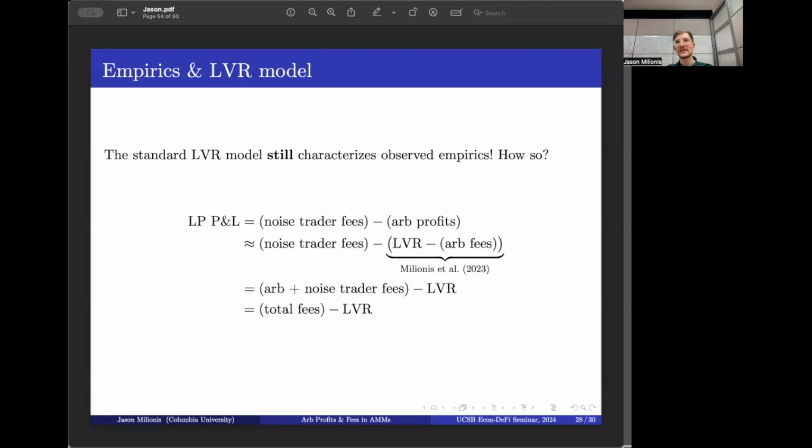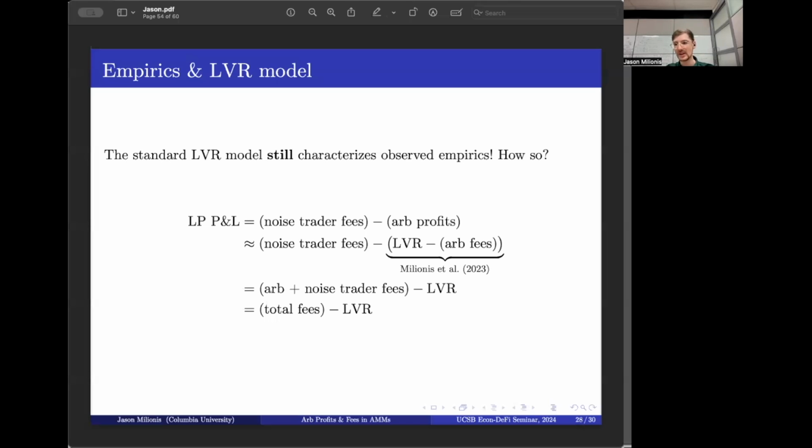If you rearrange those terms, under this approximation, which of course doesn't always hold but does if you have an adequately fast block time and an adequately small fee, the LP profit and loss is the total sum of all fees that you see on chain minus the original LVR quantity.